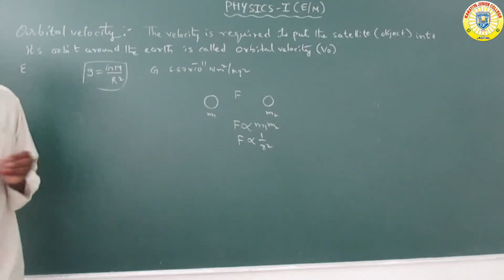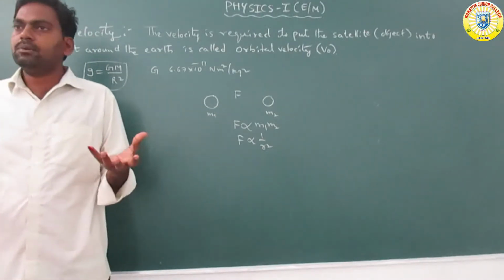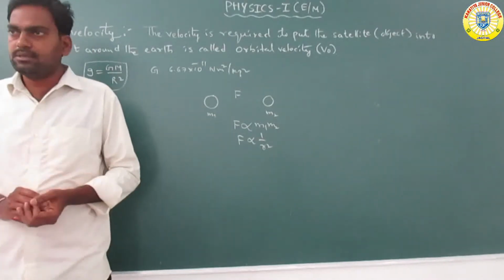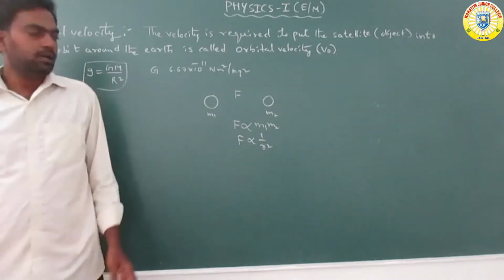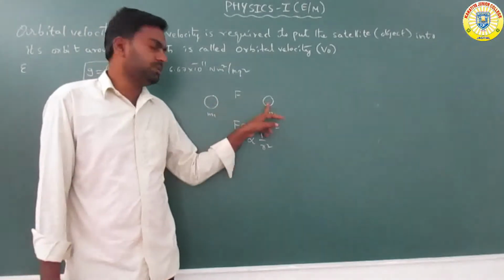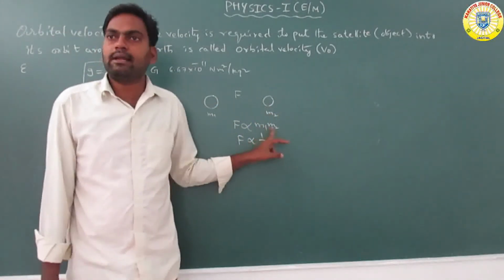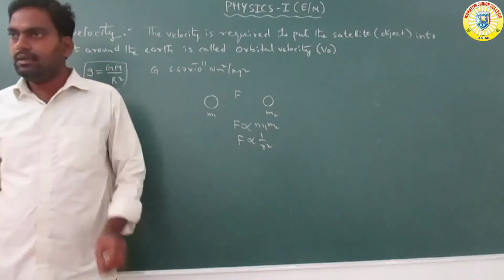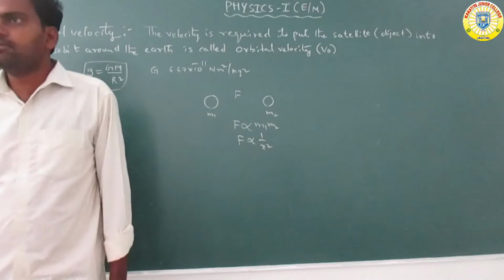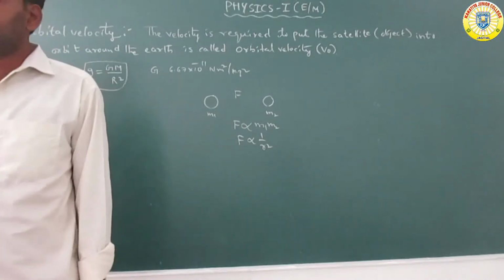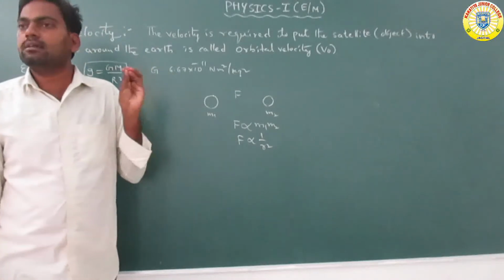So if the masses increase, the force between them also increases. If the distance increases, the force decreases. The force acting between the two bodies is directly proportional to the product of masses and inversely proportional to the square of the distance. That is called the gravitation law.